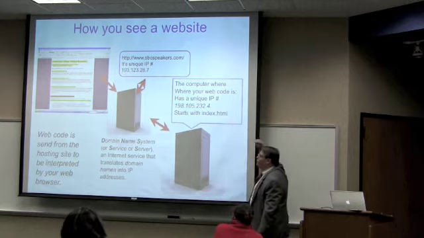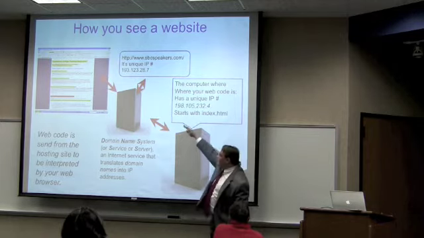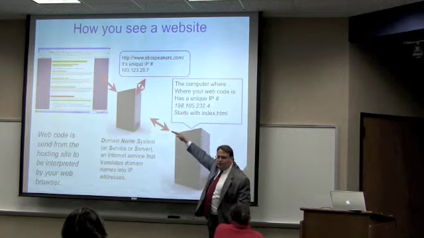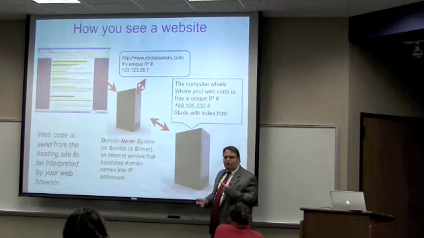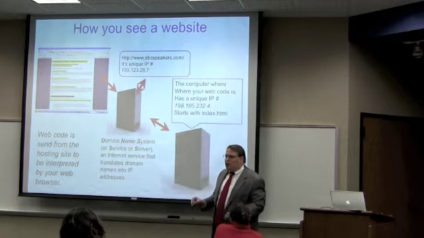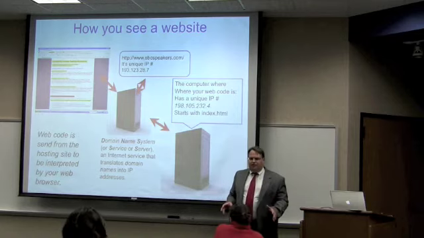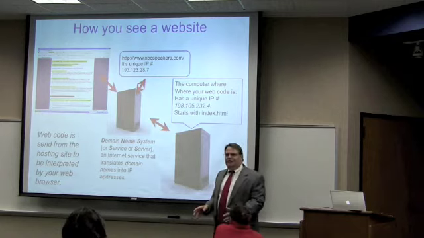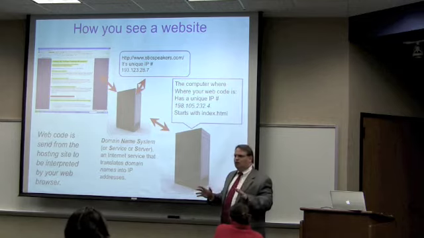Index.html is the first page of the website, and it is sent all the way back to your computer with a whole bunch of instructions, like a recipe, and then it's translated into what you see on the screen. Now, why is that profound? The web browser is what made this all possible. The web browser is an interpreter that takes HTML instructions and converts it to pictures and words.